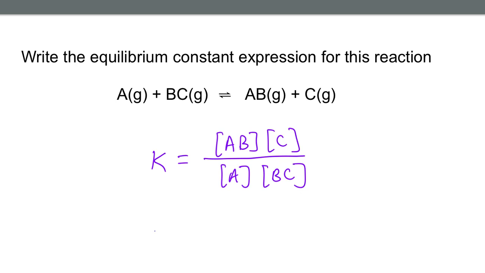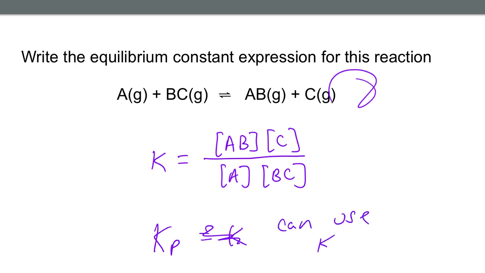Do we have to do K sub P, because everything's in the gas phase? K sub P is an equilibrium constant expression that we can write for gases, but we can also use K sub C for gases as well.